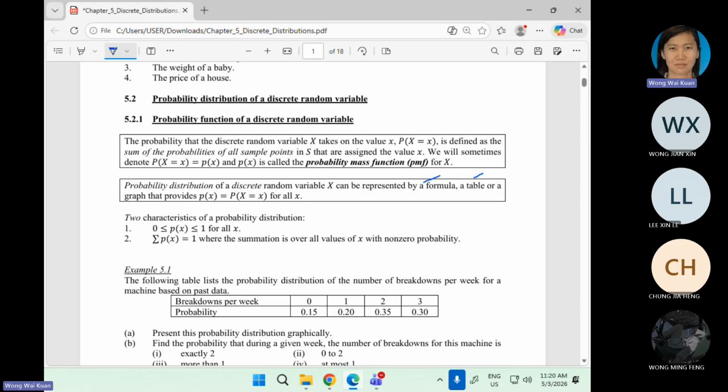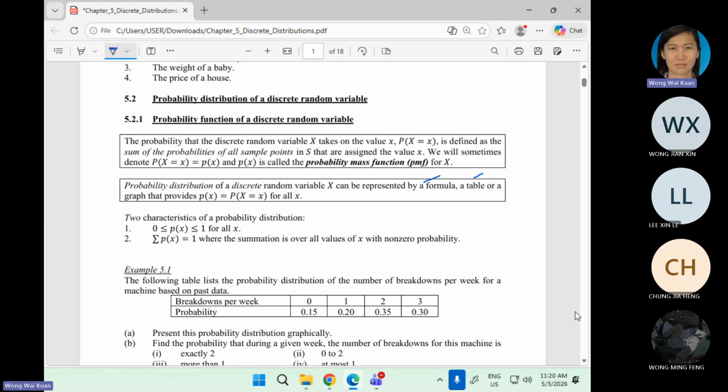The two characteristics are: one, the probability must take a value from 0 to 1. Two, the sum of the probability must be 1 for all possible values.